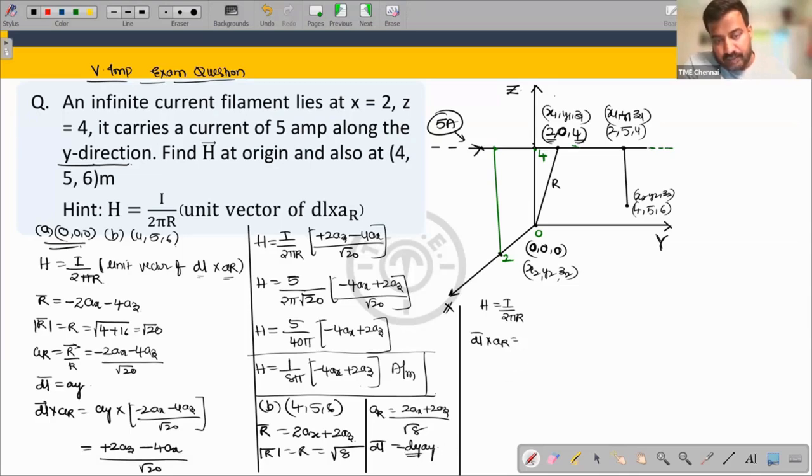Therefore, this is equal to ay. Ay cross 2ax plus 2az by root 8.